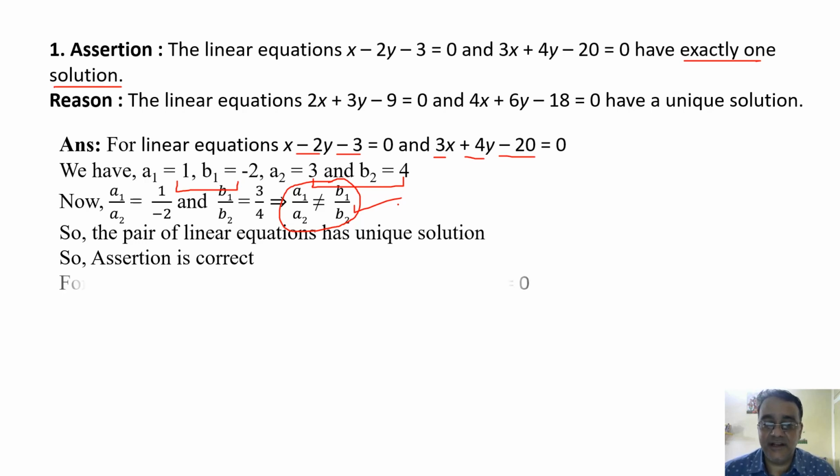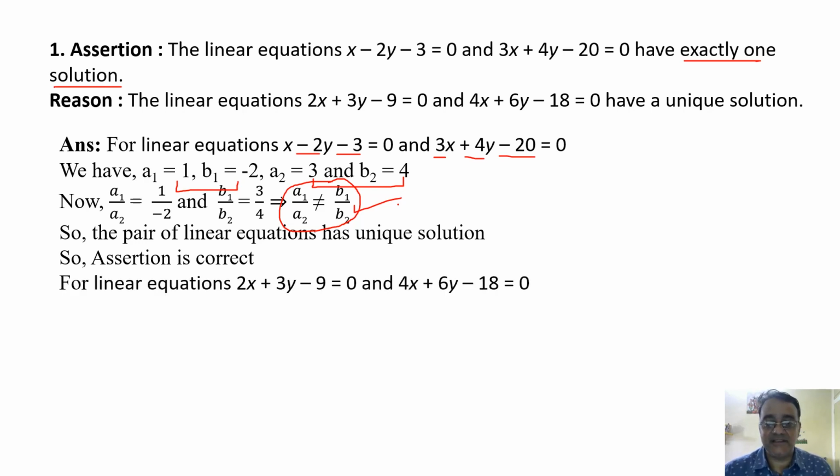Now we have to check for reason. रीजन में जो लीनियर इक्वेशंस दिए हैं वो 2x प्लस 3y माइनस 9 इक्वल्स टू 0 है, 4x प्लस 6y माइनस 18 इज इक्वल्स टू 0 है. So a1 is 2, b1 is 3 and c1 is minus 9, a2 is 4, b2 is plus 6 and c2 is minus 18.